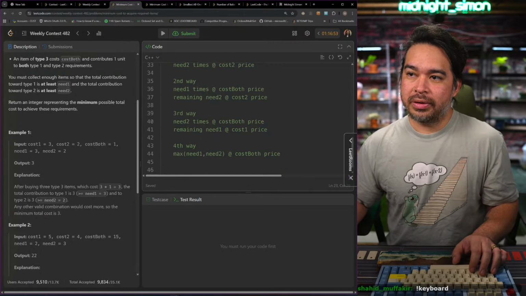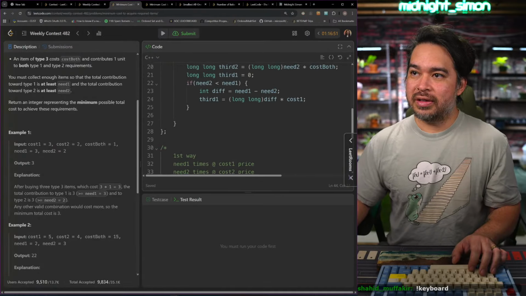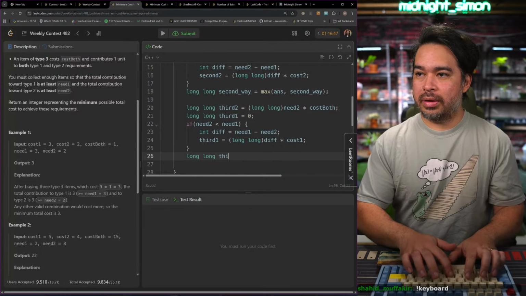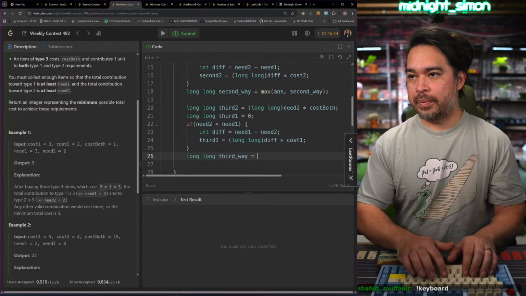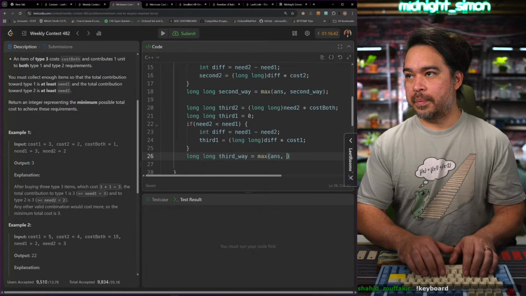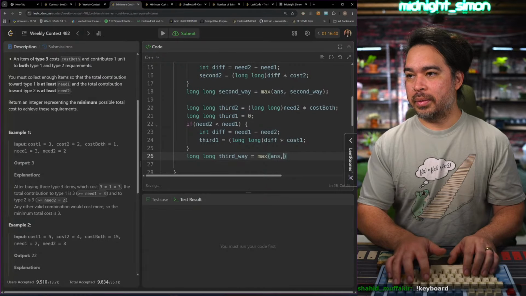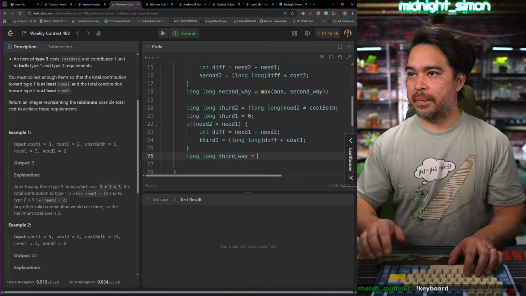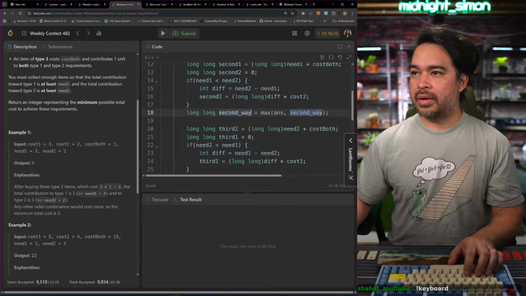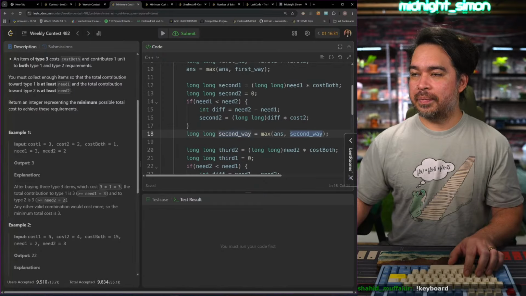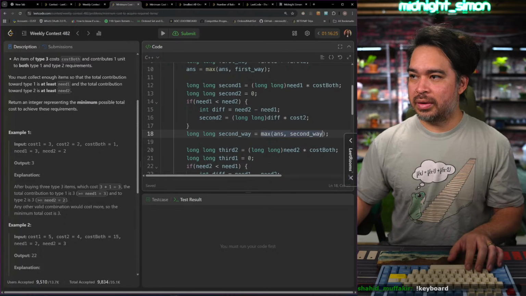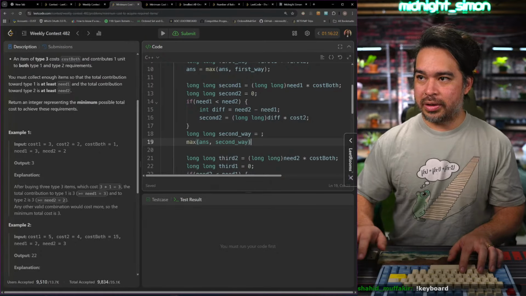And now the fourth way, just the max of the needs. Wait, third way. What's the third way? No, this ain't right. Second one. Ah, Jesus. That's a bug.